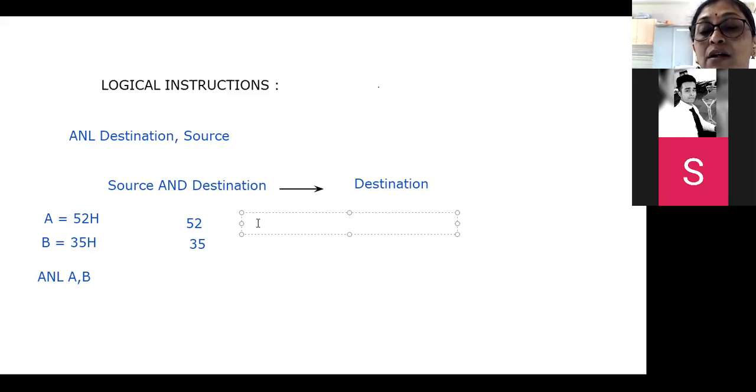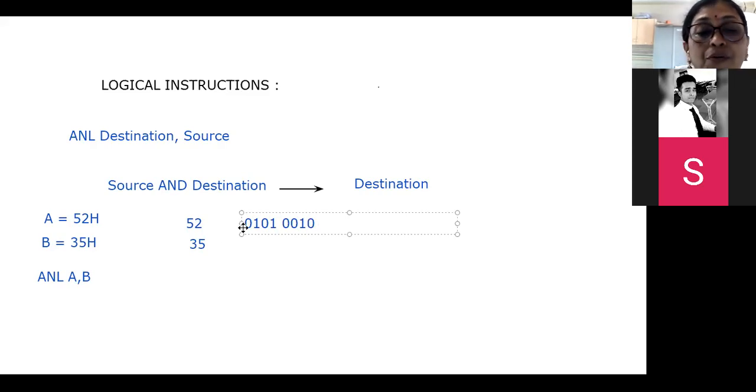So what is the binary number for 5? It is 0101. And what is binary 2? 0010.